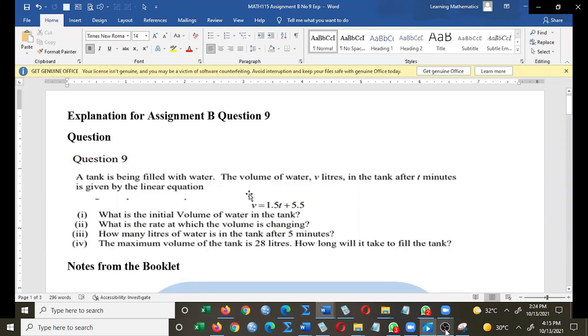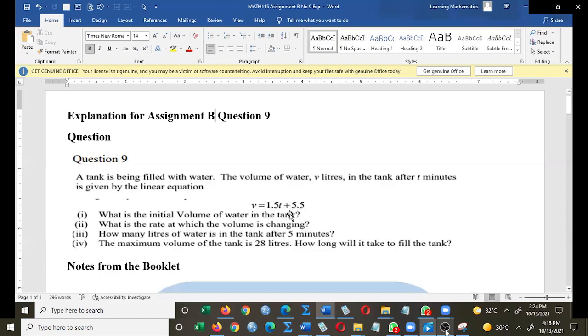But here y will be V for volume, and x will be t for time in minutes. So V is equal to 1.5t plus 5.5.